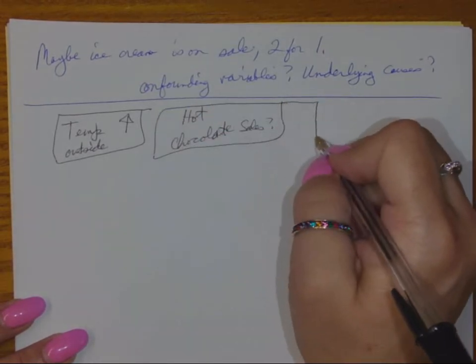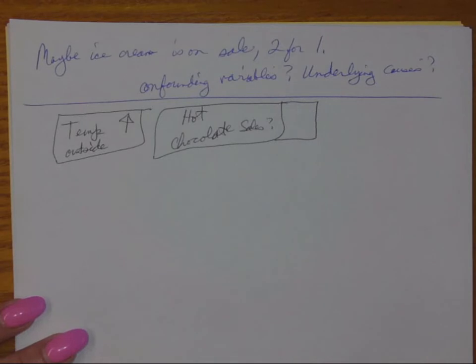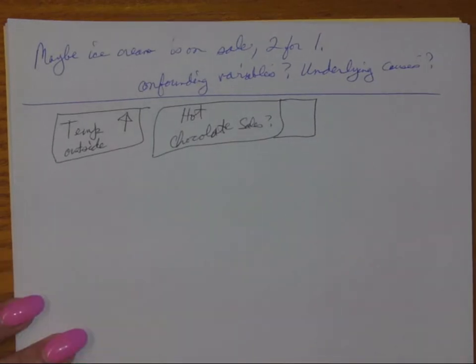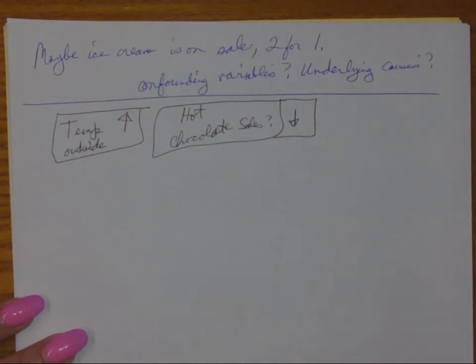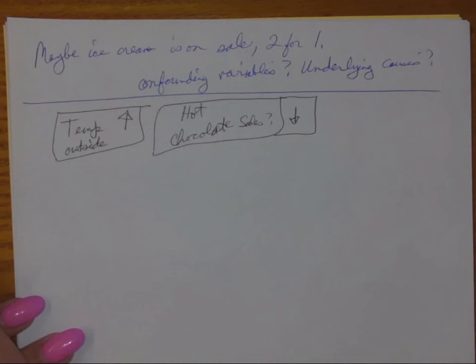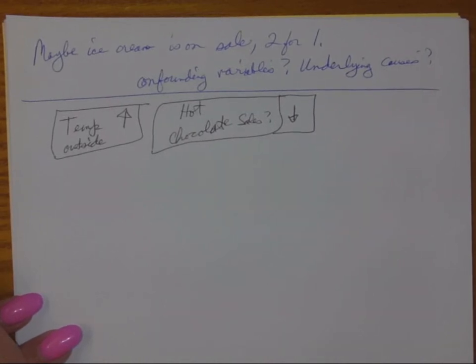If I go to, say, Six Flags and I want hot chocolate in the middle of the summer, what are they going to tell me? They're probably going to say, "Lady, are you crazy? We're not selling hot chocolate, we're selling ices." Six Flags is not selling hot chocolate in July in Texas. So probably the sales of hot chocolate go down when it's hot outside, right? Not a lot of people want to drink hot beverages.